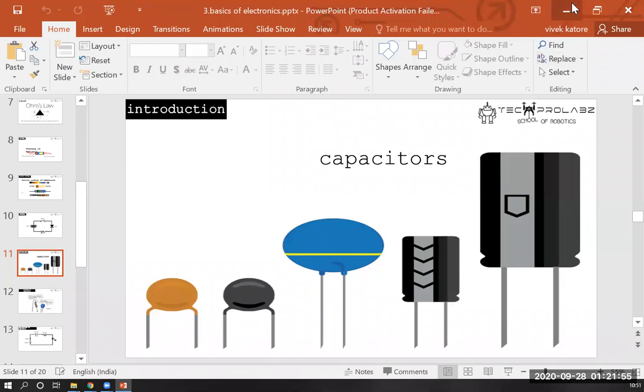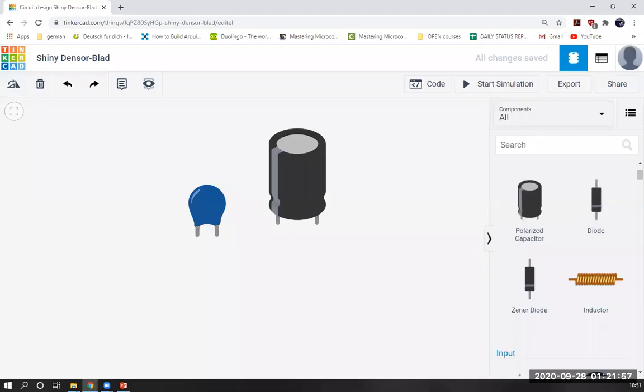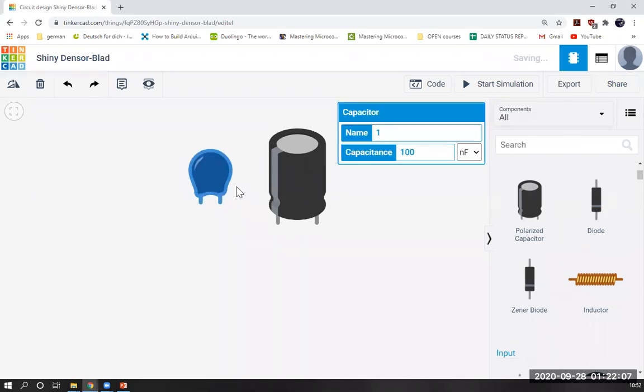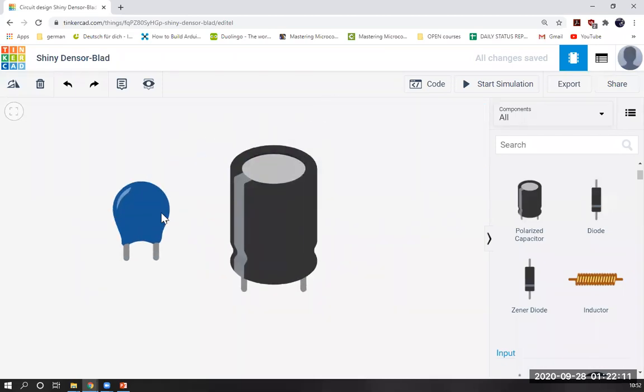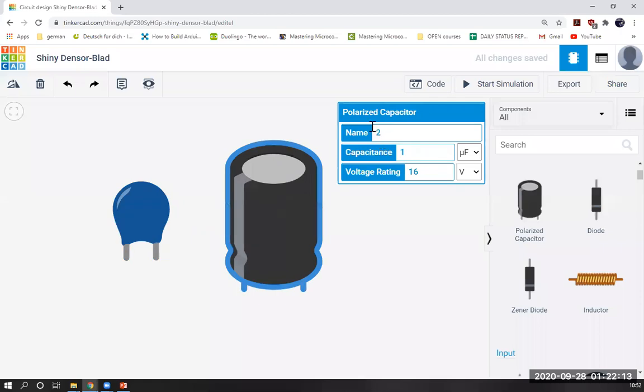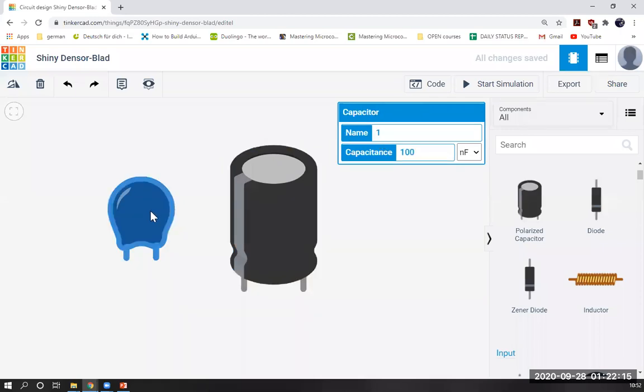Now these two capacitors, let's see what their names are. When you click over here, they say only capacitor and polarized capacitor. So this is actually a ceramic capacitor.